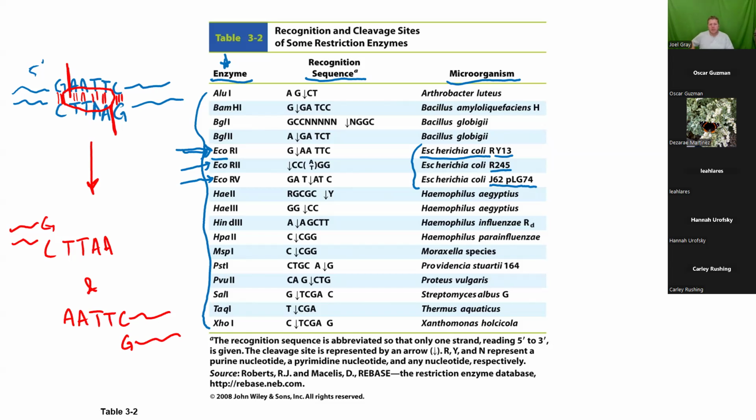Now, like I said, I do not expect you to know these recognition sequences, but what I want you to do here is look at them and go ahead and add to the chat how many base pairs are most of these recognition sequences. What's the length of most of these recognition sequences? How many base pairs?